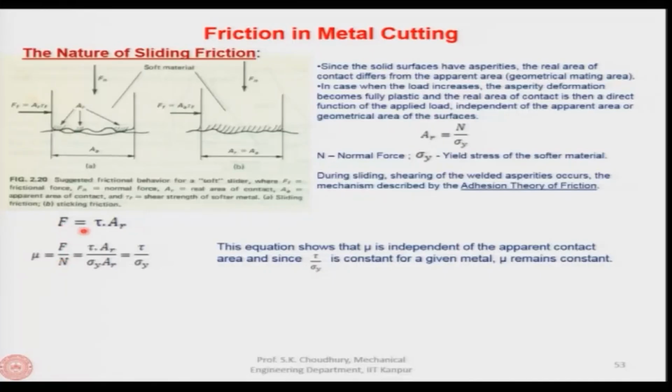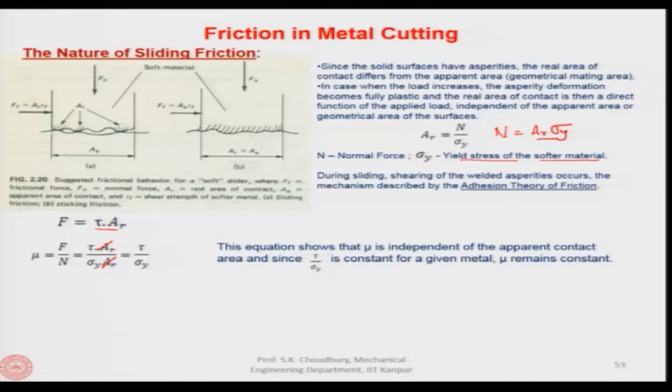The friction force is tau into A r, and the normal force is A r into sigma y, the yield stress of the softer material. Therefore, the ratio of F and N will be tau into A r divided by sigma y into A r, which essentially means that A r gets cancelled, equal to tau upon sigma y.